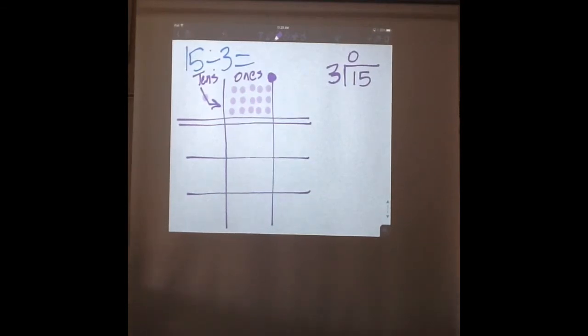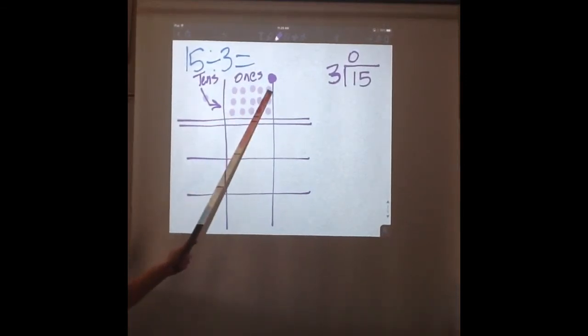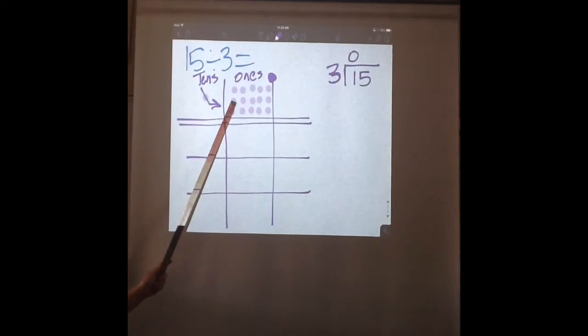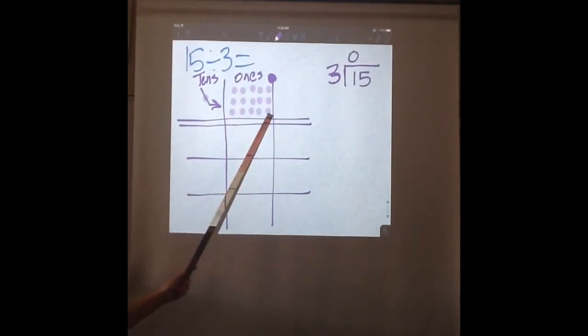Everybody got that? Does anybody see a pattern already in this? Yeah. I do too. What pattern do you see? I see 5 here, right, in a line. I see 5 here in a line. And I see 5 here in a line, right? So it seems to me that I have 3 5s, right?